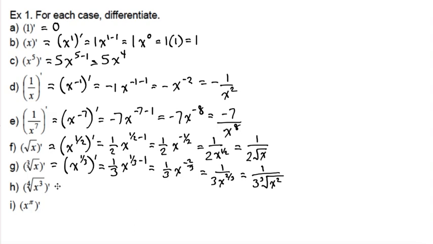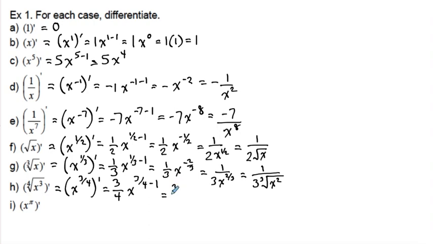This next one here, I have the 4th root of x cubed. I can rewrite this as an exponent, 3/4, and now take the derivative of this expression. So take my 3/4, multiply it by the term, and then take my 3/4 as my exponent and subtract 1.